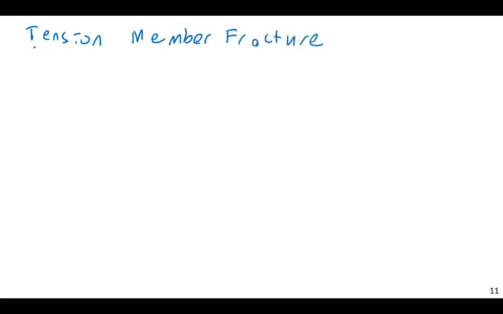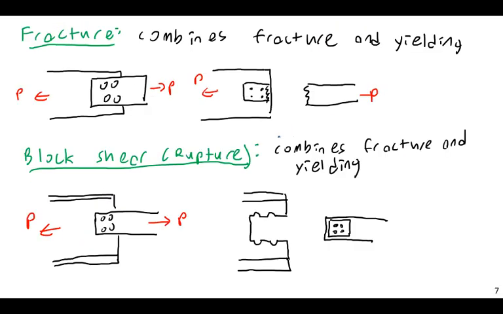So let's go back and describe what this is again, just a brief review, a reminder. Fracture again is not a displacement limit state or a strain limit state. We are tearing this thing in twain. We are taking this and actually tearing it.